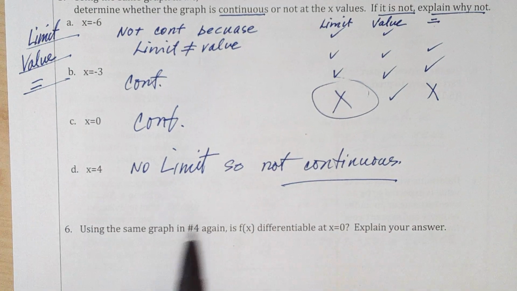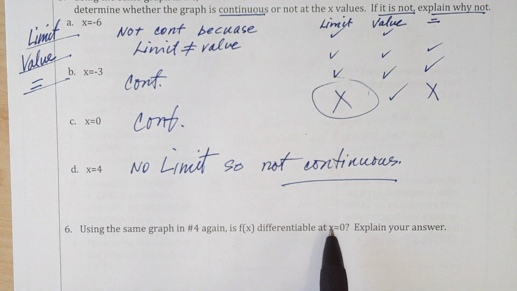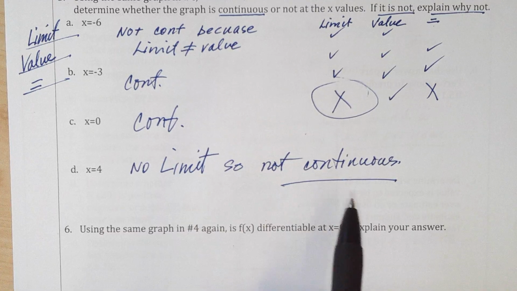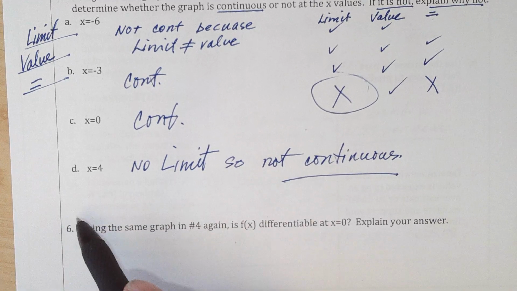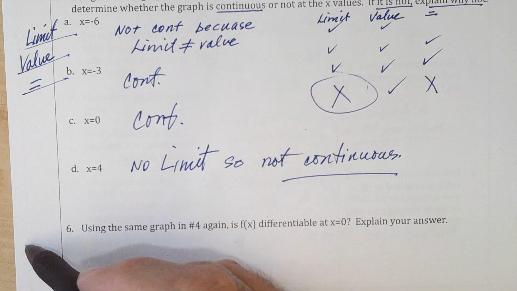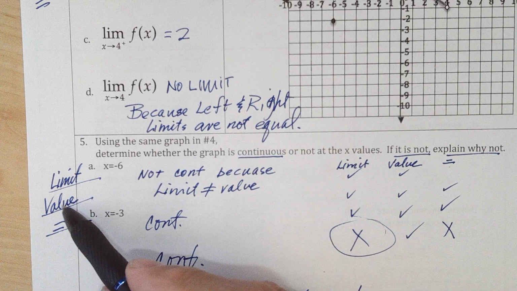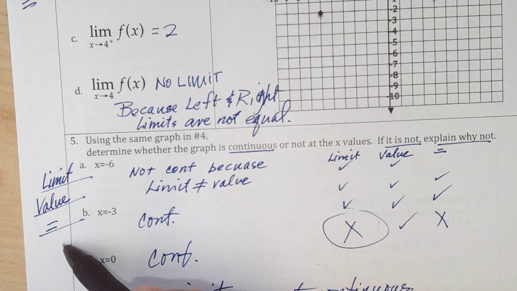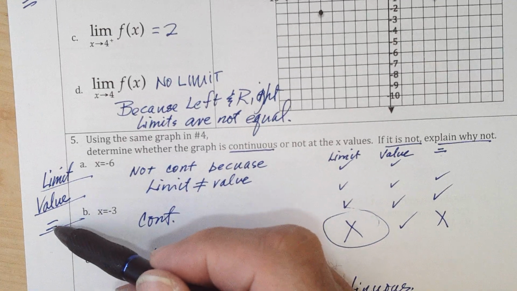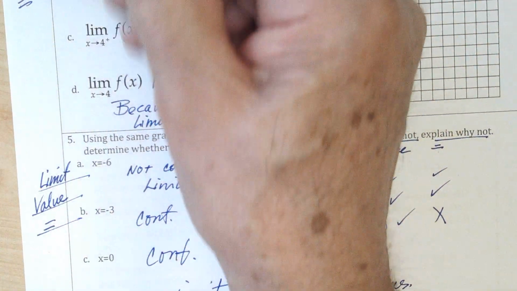Now, is it differentiable at 0? Now there's only 2 things that have to happen for differentiability. Continuous, which has 3 things that have to happen. And one of those three has three things that have to happen.